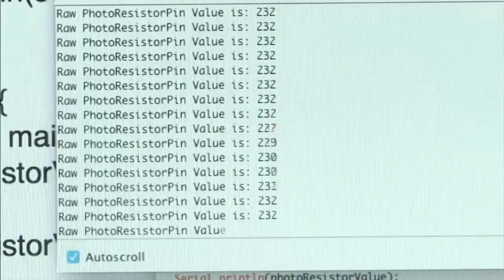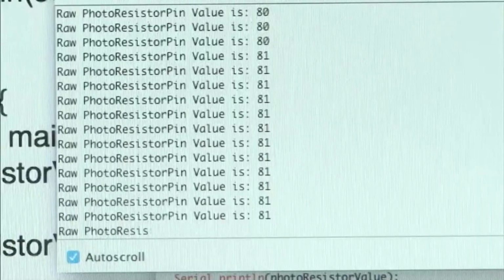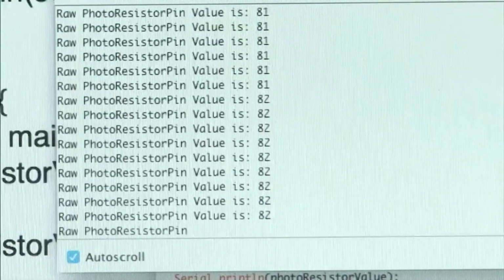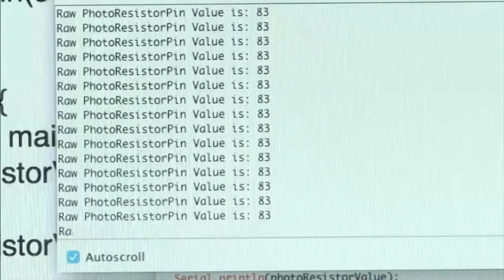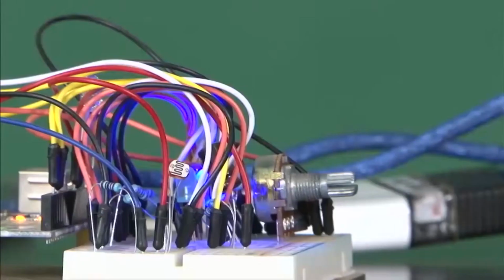Now let us cover the photoresistor with our hands, like this. Looking back at the screen, the value is now 81 or 80 or 82. So, the value has decreased. If I remove my hands, it will go back to its normal value.